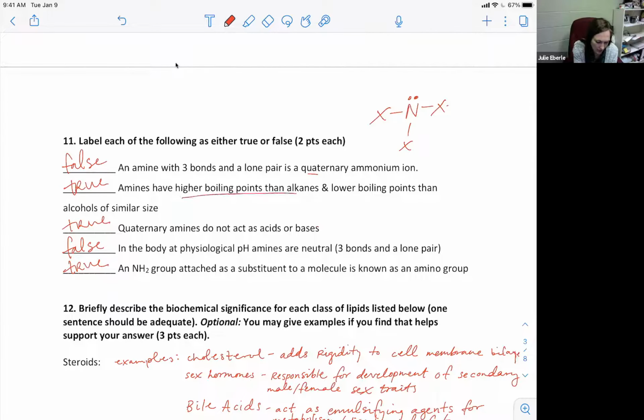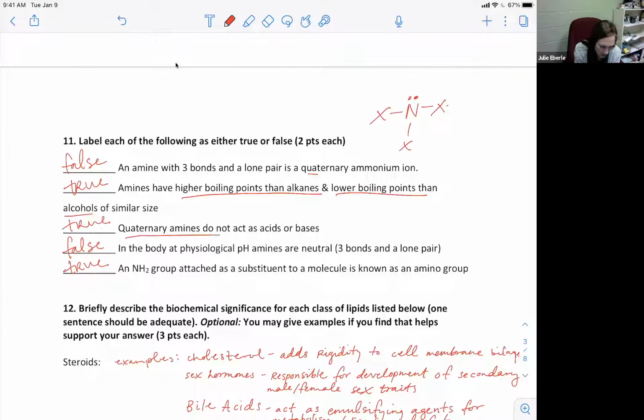Amines have higher boiling points than alkanes, true, and lower boiling points than alcohols, true. Alcohols, the hydrogen bonding there is stronger, so it takes a lot more heat or energy. Maybe not a lot more, but it does take more heat or energy to boil those, break alcohols apart than it does amines, even though amines can also hydrogen bond.